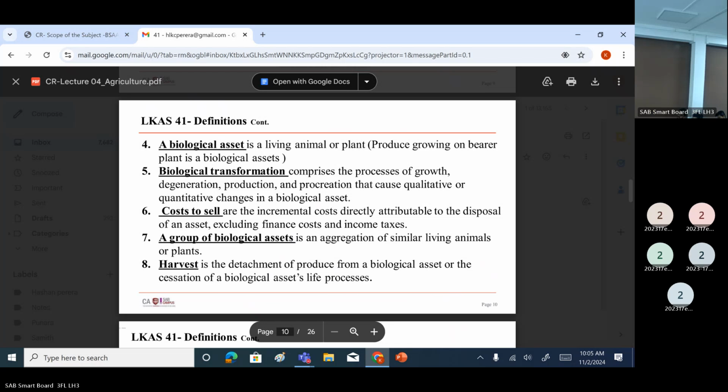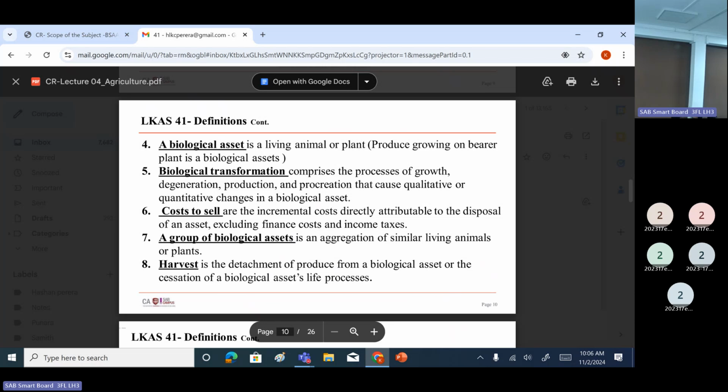Harvest. Harvest is the process of getting an outcome from the biological asset, called detachment. Yes, that's the word: detachment of the agricultural produce from the biological asset. The process of separating agricultural produce from the biological asset.